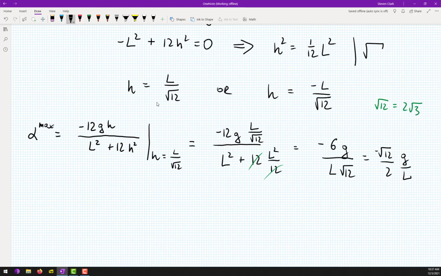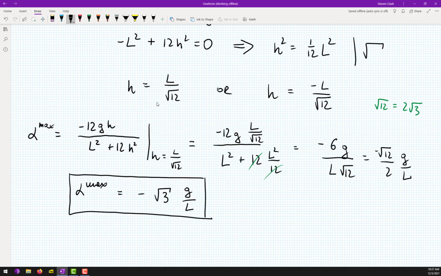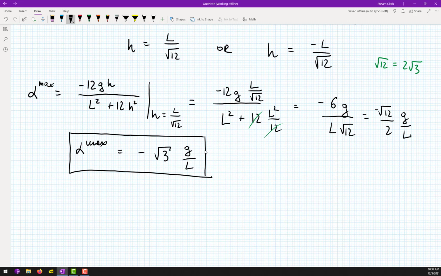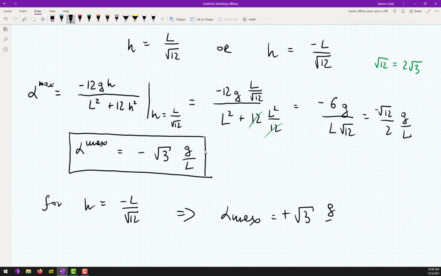So alpha max is equal to minus square root of 3 g over L. So this is our alpha max. And also if we plug in this expression h equal to minus L divided by square root of 12, before we plugged in a positive value, now a negative value, we will obtain alpha max plus square root of 3 g over L.